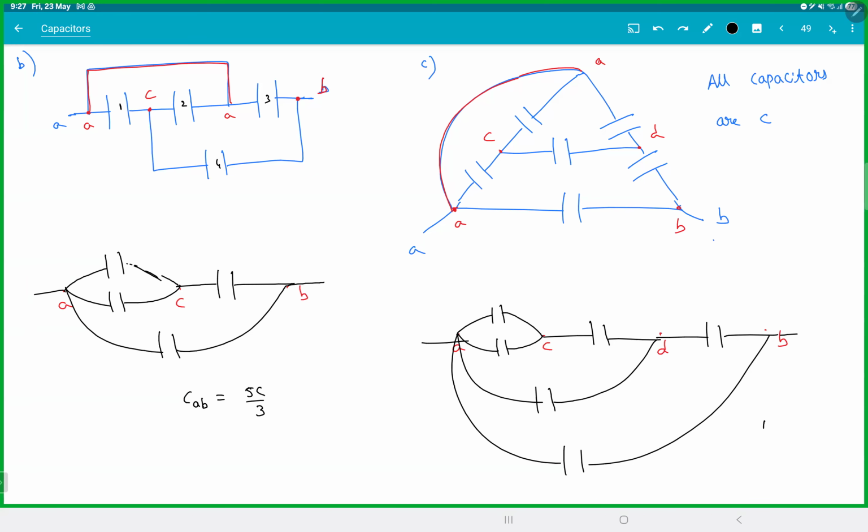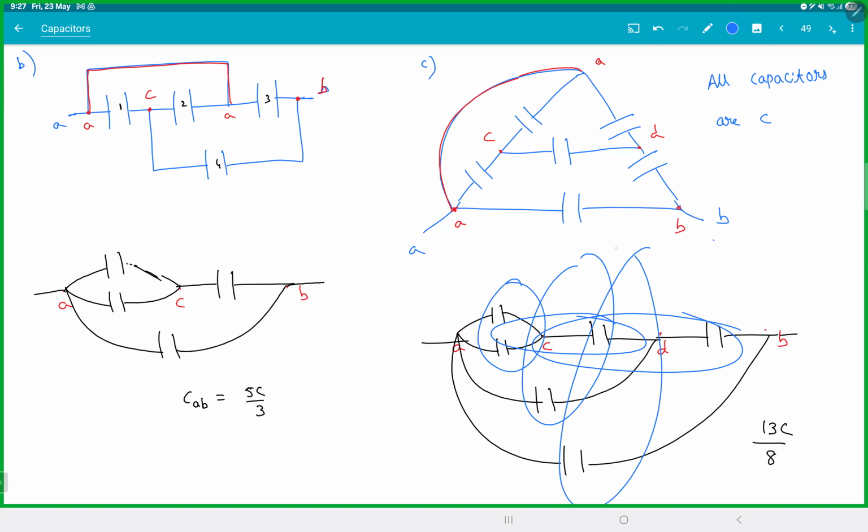Right, Ishana. Answer is 13C by 8. Check it out, see where it went from. 13C by 8 is the answer. Clear? These two are in parallel, series, parallel, series, parallel. So it's all parallel series only.